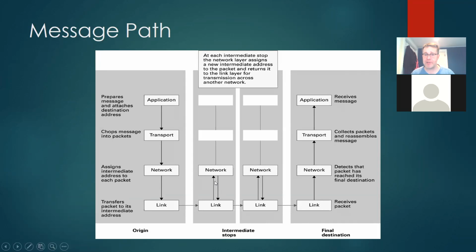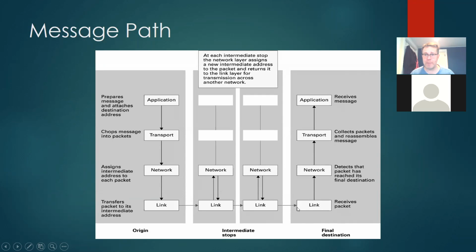If so, I pass it up to the network layer. The network layer looks and says, am I the final destination of this packet? If no, and we know that they're not because they're intermediate devices, it kicks it back down to the link layer to get retransmitted. So it's going to go up and then back down and then back up until it finally gets to its last spot.